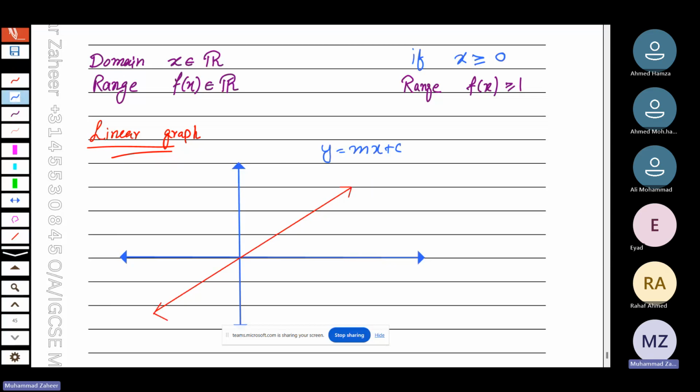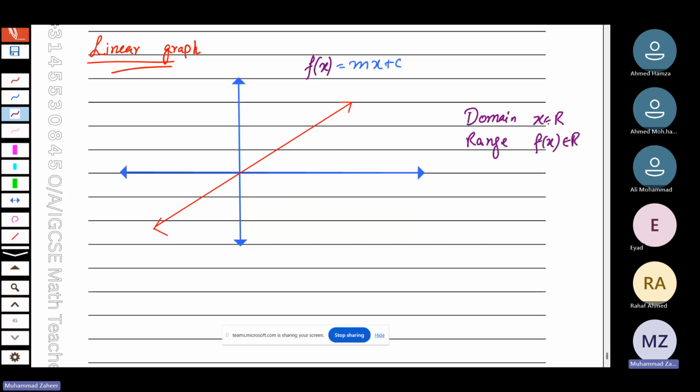And in the straight line, your domain is always all real numbers, because in this one you can substitute all positive values and all negative values. So in this situation, the domain is, like the same example, all real numbers, and the range, actually I've written it as f of x, is all real numbers as well.